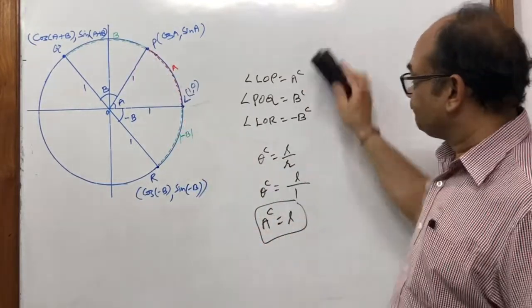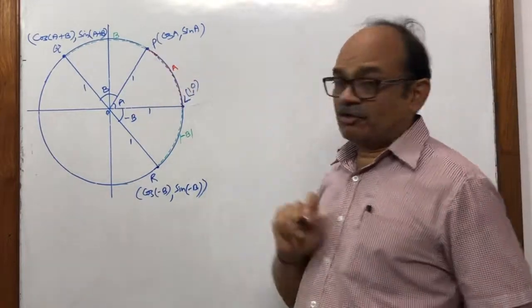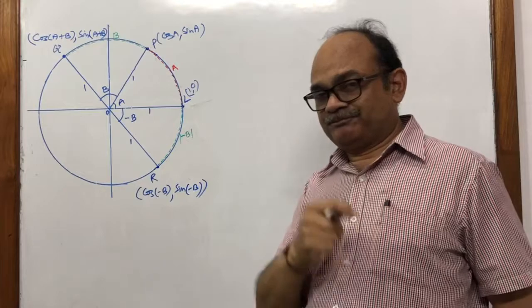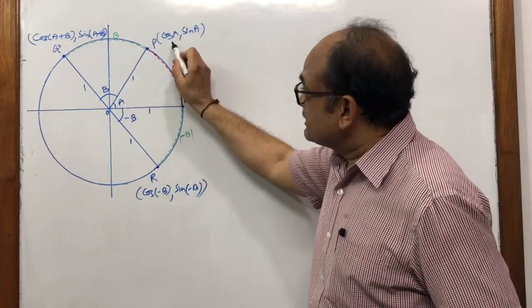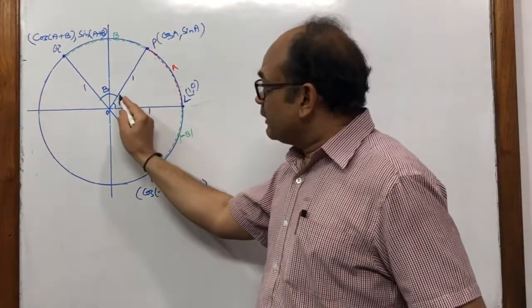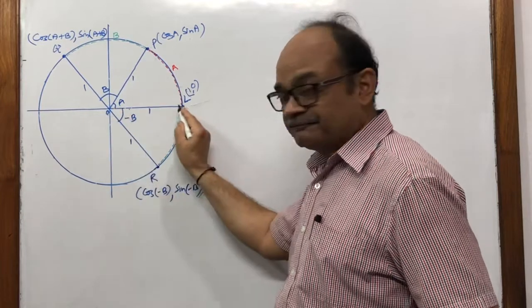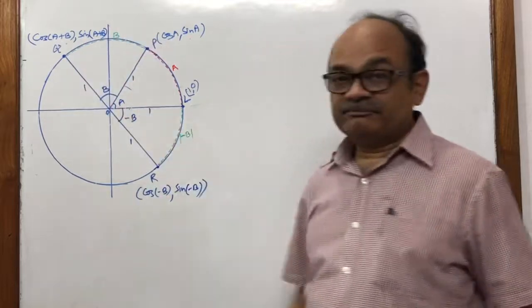Now tell me, if we want to write it in the coordinate form, like we have completed the parametric form, then this P coordinate is nothing but, since it is angle A, cos A, sin A. Very clear. Angle A plus angle B, so from the line OL, this total angle is A plus B. So what about this coordinate?